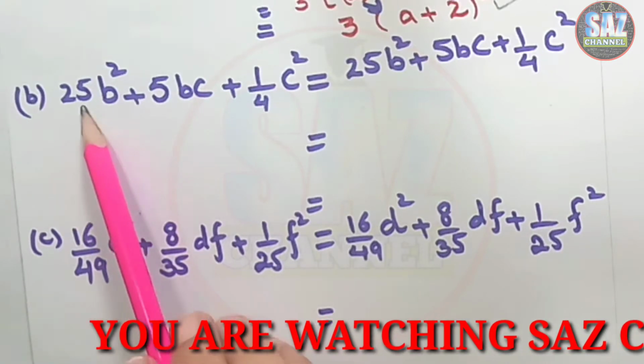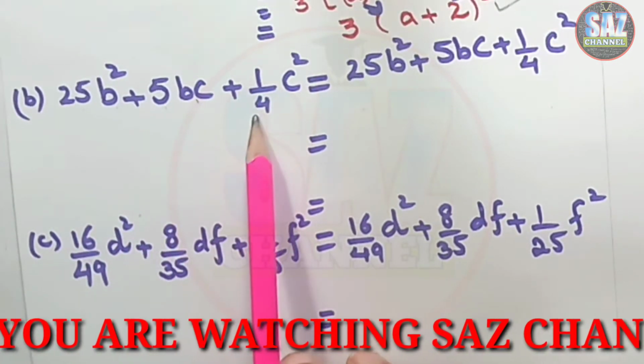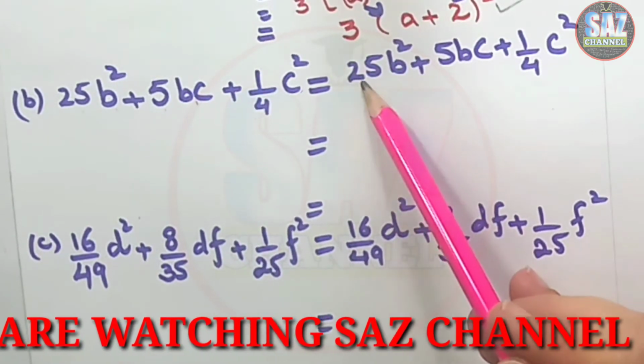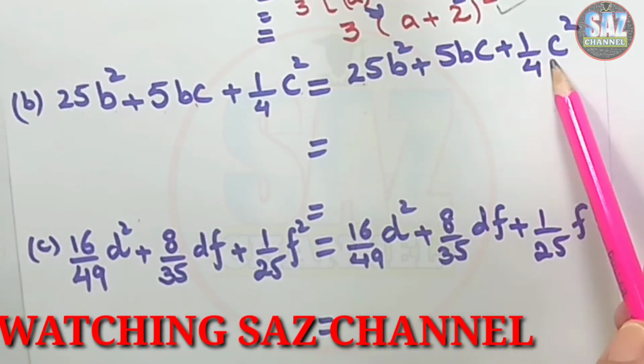The next question is 25b square plus 5bc plus 1 over 4 c square. If we look at the coefficients 25 and 1 over 4, they are perfect squares.